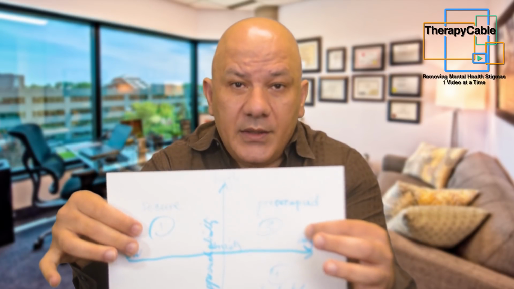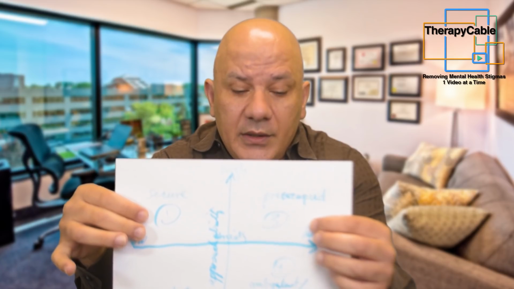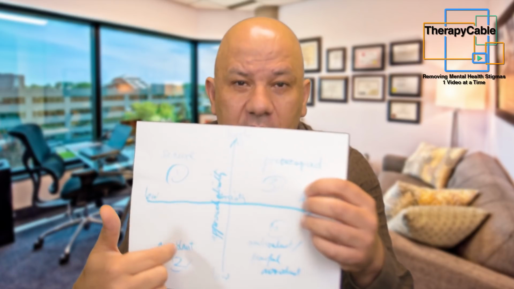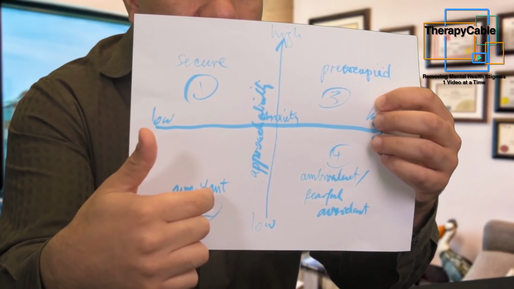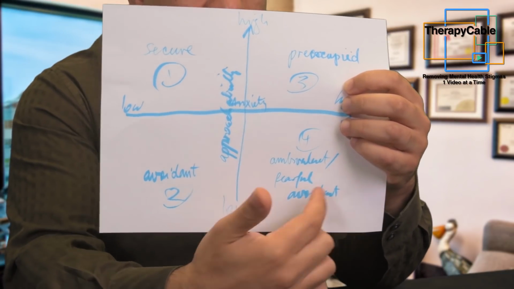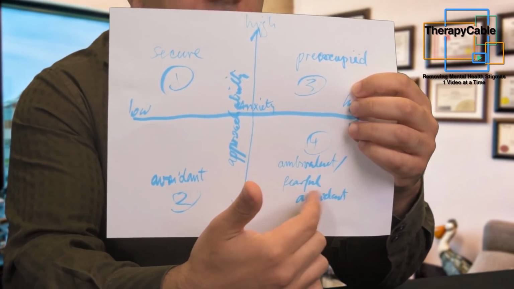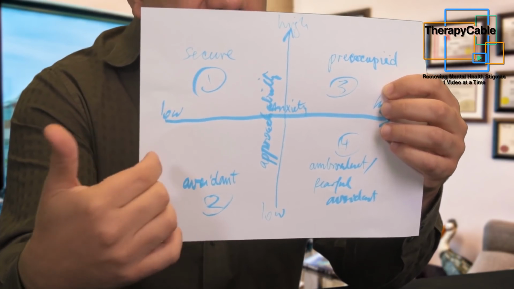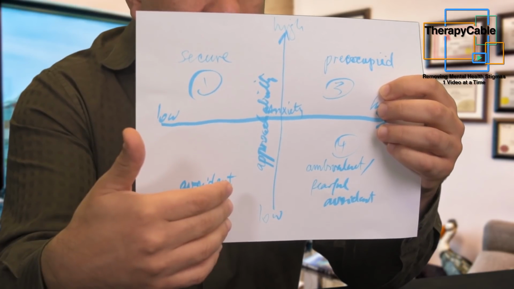We have a lot of times one person in the coupledom who comes in with the anxious preoccupied attachment style, and they are coupled with someone from the opposite category, usually from the avoidant attachment style, sometimes low anxiety, sometimes high anxiety. So it could be the fearful avoidant, or it could be the less fearful or fearless kind of avoidant.